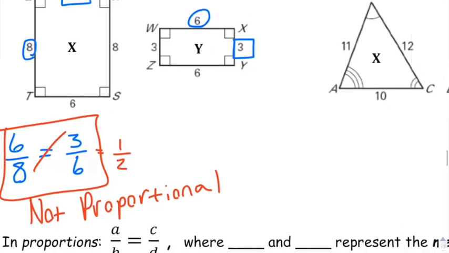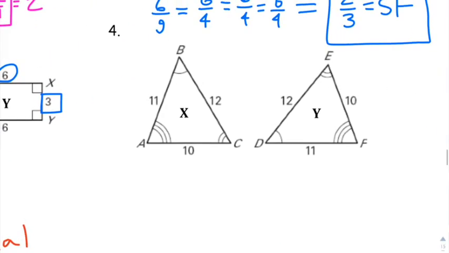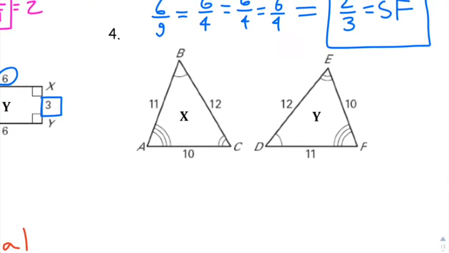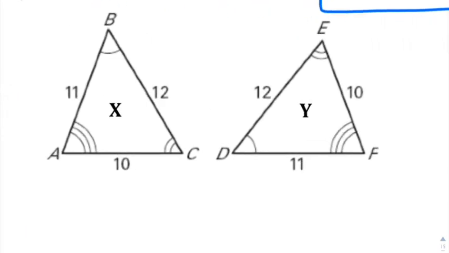Now if I'm looking at this last example, the same type, notice you got all these different numbers going on. Initially I see an 11 and a 10, and then an 11 and a 12, but then this one's 10 and 12, so it's kind of weird with some of the numbers. This goes back to what I was saying: start with maybe your shortest side.